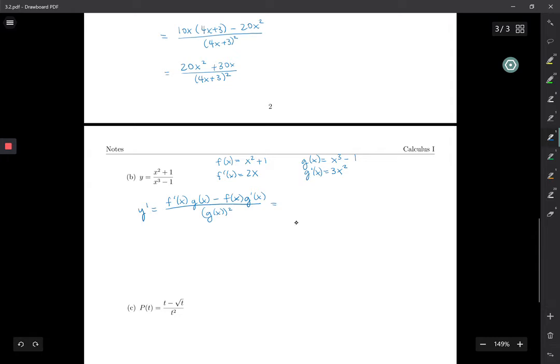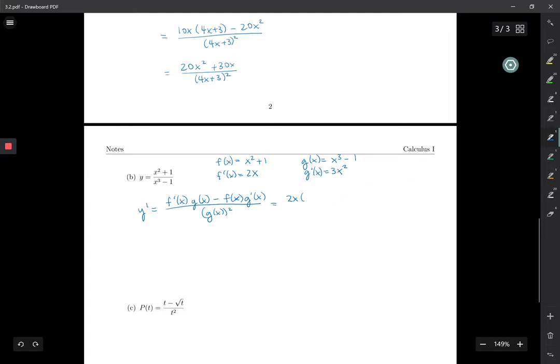So we would get 2x times 3x squared minus, here we have f, which is x squared plus 1, times the derivative of g, so 3x squared. Oh, wait, what happened here? Oh, sorry about that. I used the wrong thing in the first term.